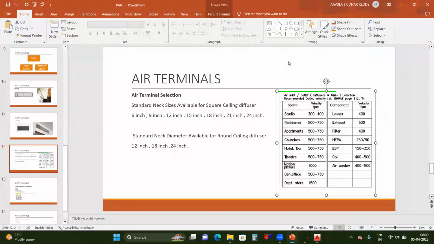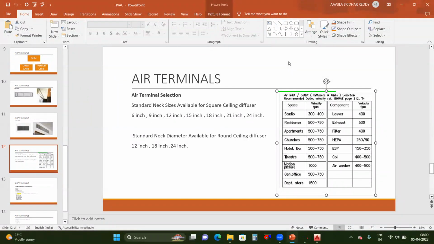Depending upon the space, the velocity will be there. The velocity for apartments you can see is 500 to 750, motion picture is 1000, general office is 500 to 750, and departmental store is 1500. So depending upon the space, the velocity changes.